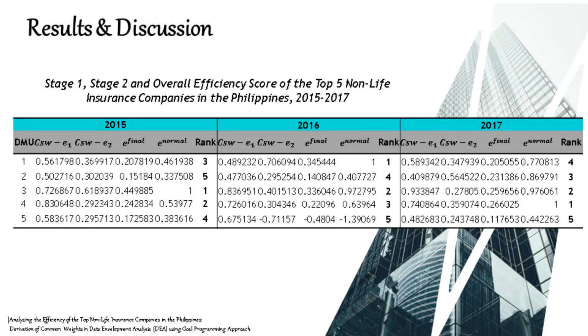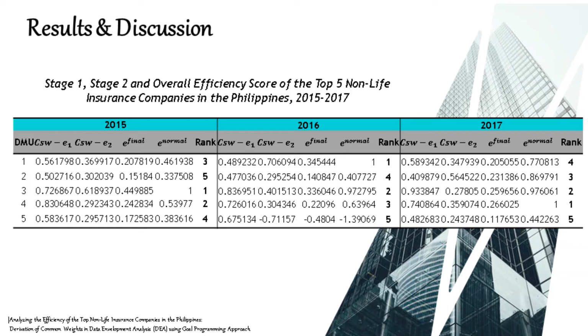Comparing the efficiency values of stage 1 and 2, it can be said that in general, for all the years, all insurance companies are more efficient in the former stage than the latter. Meanwhile, analyzing the trend of the overall efficiency of each DMU, only DMU1 has an increasing efficiency score as time passes by.